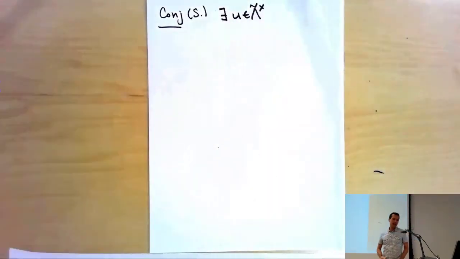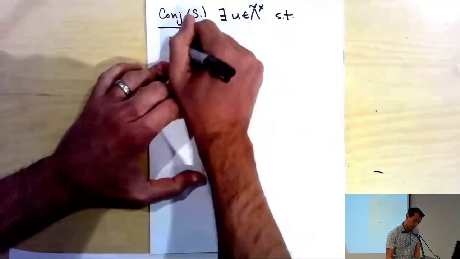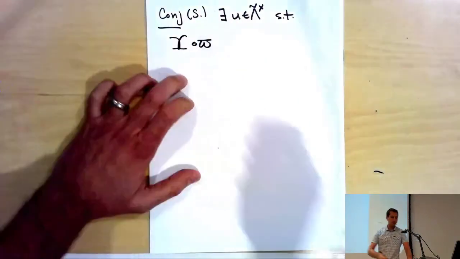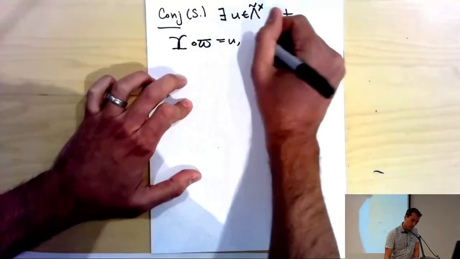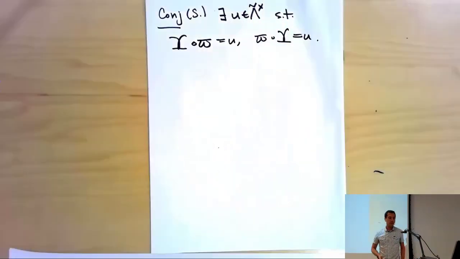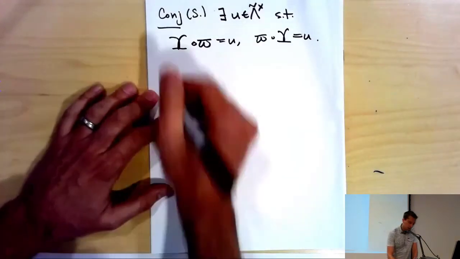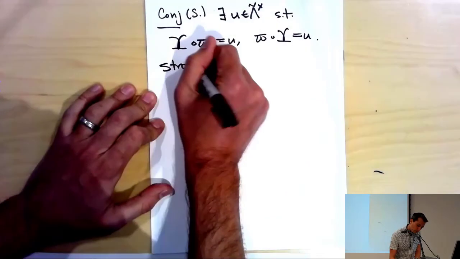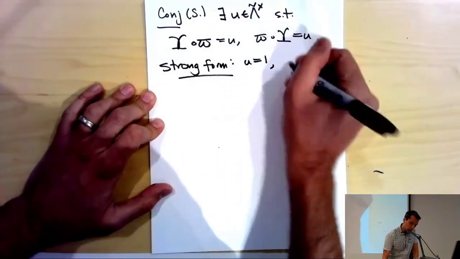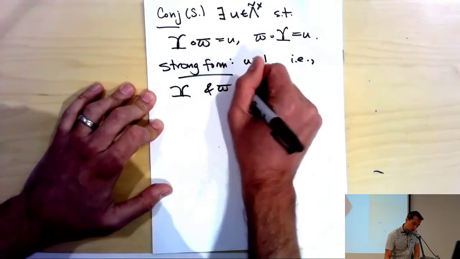Okay, such that the composite of the two maps, which are now an endomorphism of the group, is multiplication by this U in either direction. And this U is canonical. And what is U then? So the stronger form of the conjecture is that U is 1. These are inverse maps.